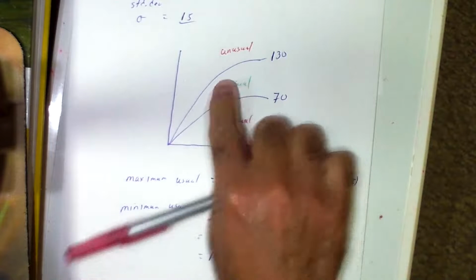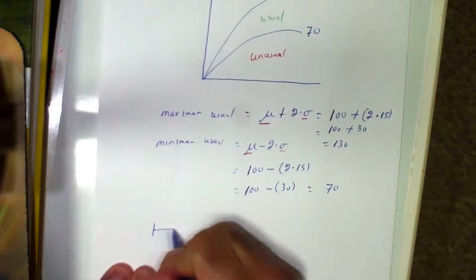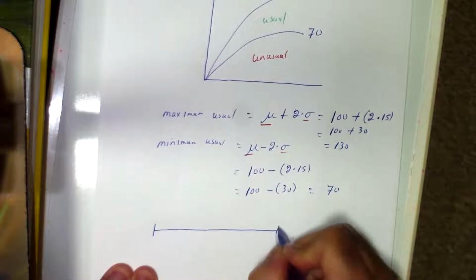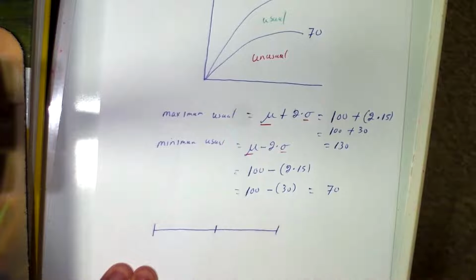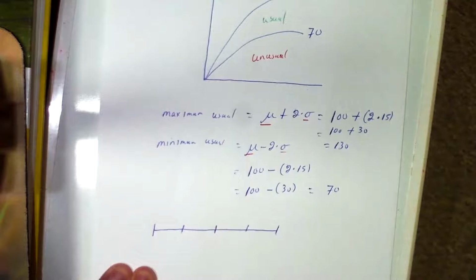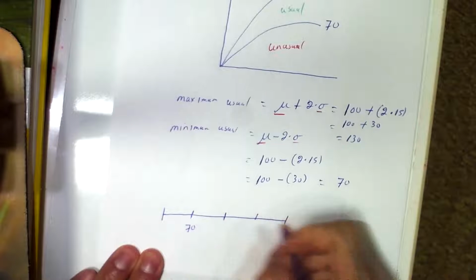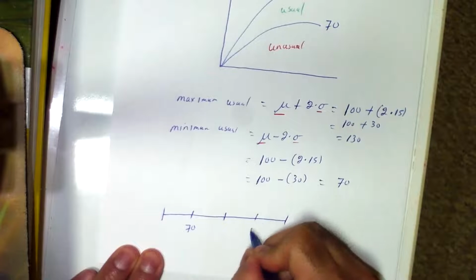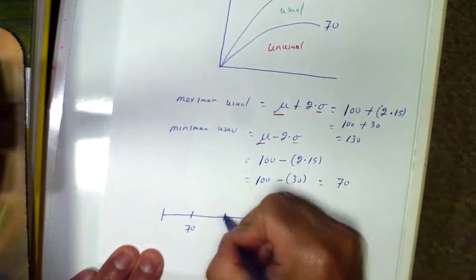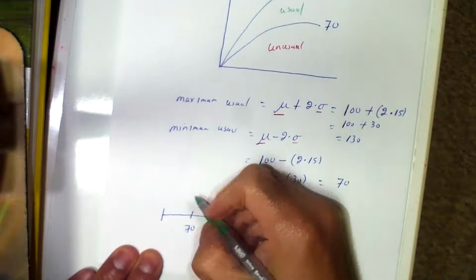Now, if you don't like this scale, you can do a number line. Okay? So you can put your minimum of 70 and your max, and you put a little barrier, right?